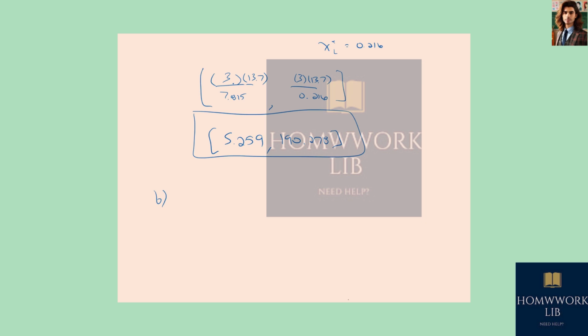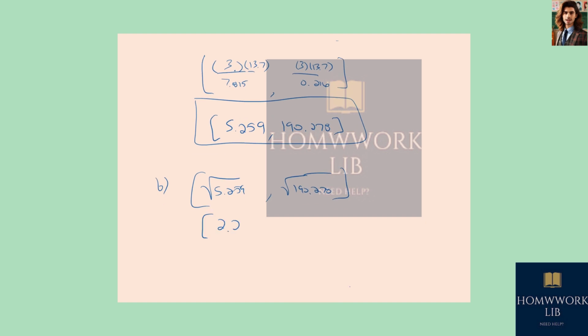And so that's going to be the square root of 5.259 and the square root of 190.278. Which would be 2.293 and 13.794.